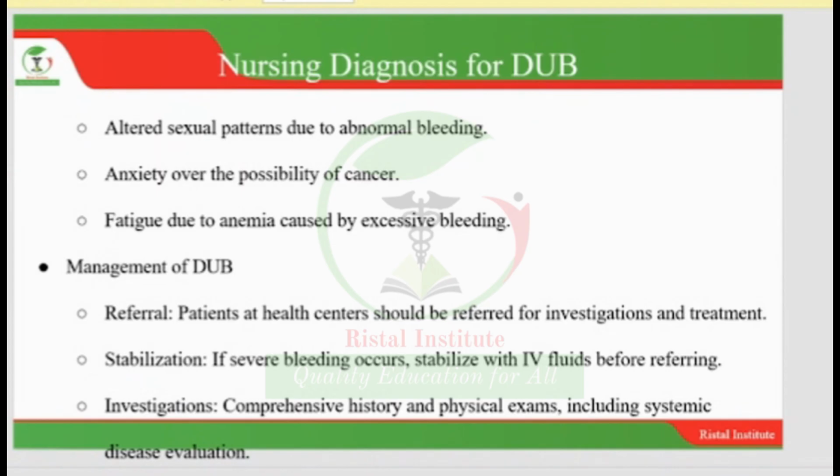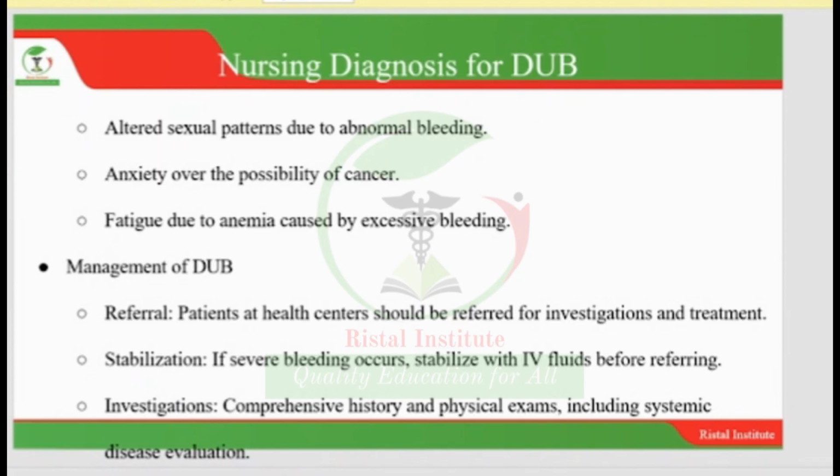Then anxiety over the possibility of cancer, cancer being one of the conditions mentioned to manifest with bleeding. Once the person has bleeding of unknown origin, she starts anticipating cancer. Fatigue due to anemia caused by excessive bleeding.